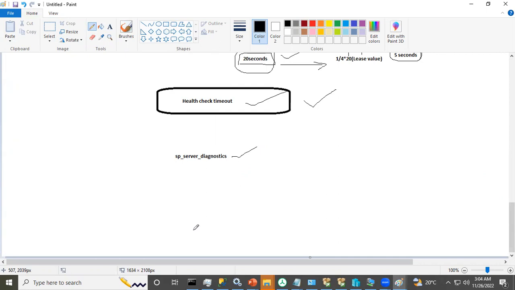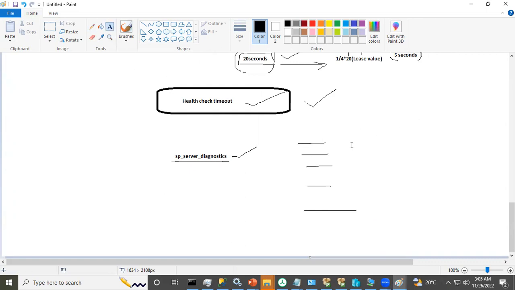It is a more detailed check. It executes sp_server_diagnostics and gets the report of your checks.